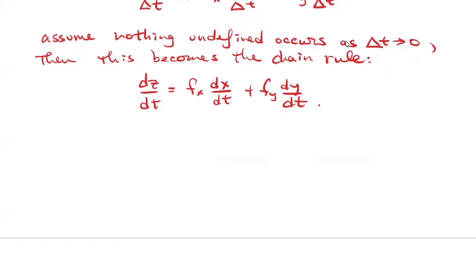And there's a similar chain rule for partial derivatives as well, which I'll show in a little bit. Let's do a quick example. So f of xy is equal to x squared plus 2x e to the y.